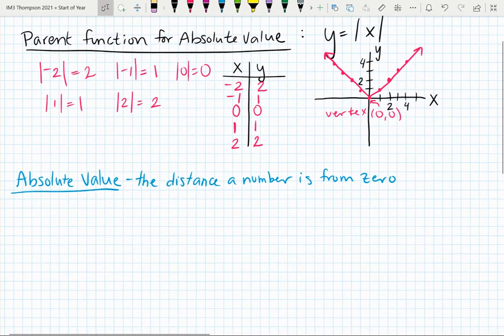So if I write down the definition of an absolute value, the absolute value is the distance a number is from 0.